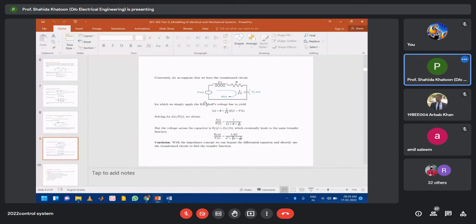Conversely, we can transform it like this, and for this we simply apply Kirchhoff's voltage law.